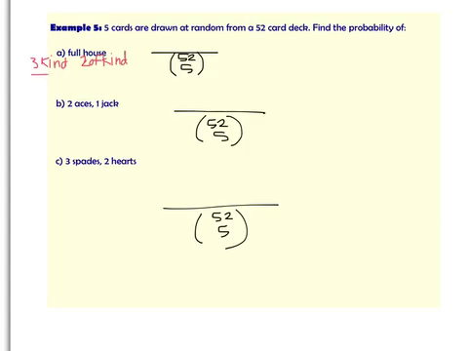So let's do the 3 of a kind. There's 4 cards of each type and we want 3 of them. But because we didn't say that you have 3 aces or 3 jacks or 3 kings, we didn't say what kind, you have to multiply that by the 13 kinds. Now let's do 2 of not that kind. There's 4 cards of each kind, we're taking 2 of them, but we didn't say whether this is an ace or a king or a queen.